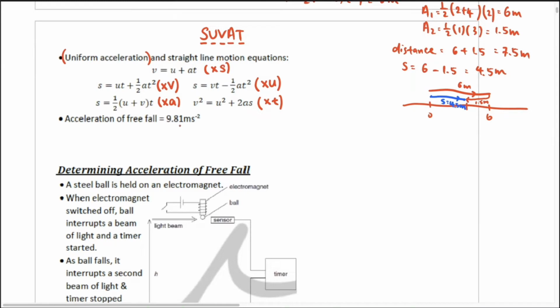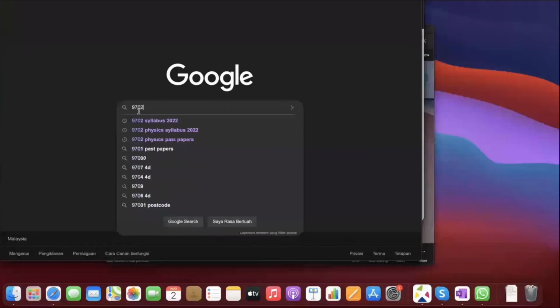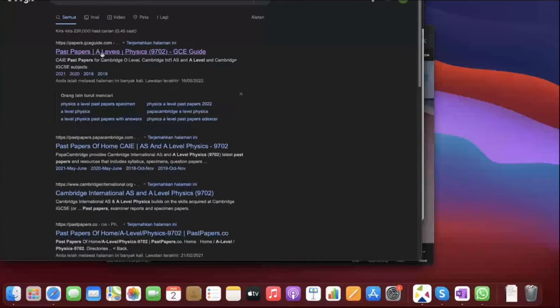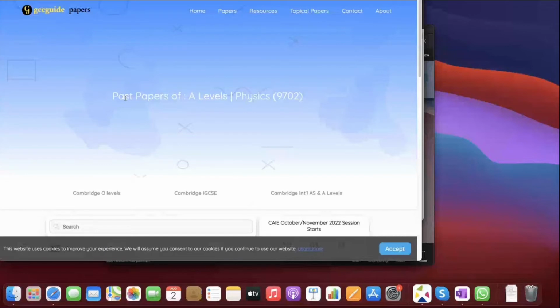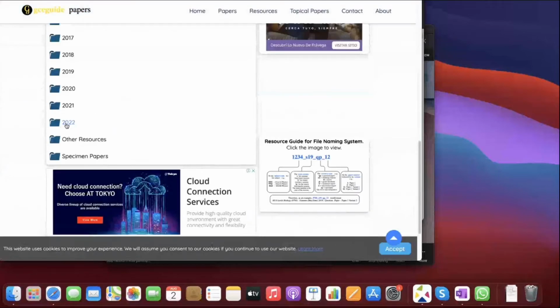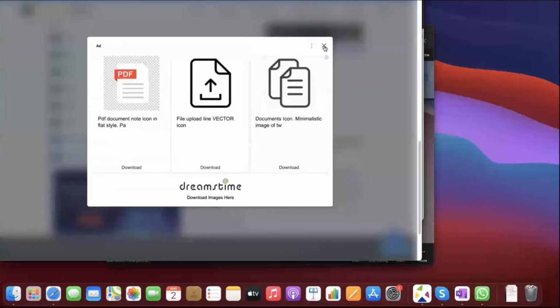So, lagging. Yeah. Okay, let me see. 9702 physics past paper. If it lags badly, you just let me know. Then I try to use maybe mobile data.